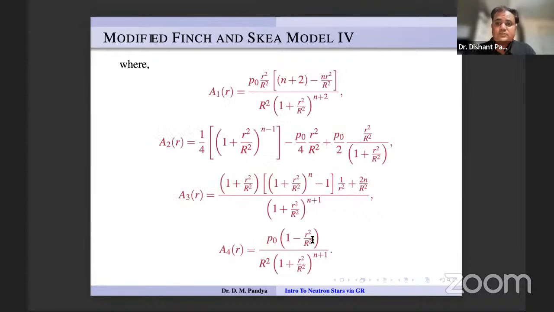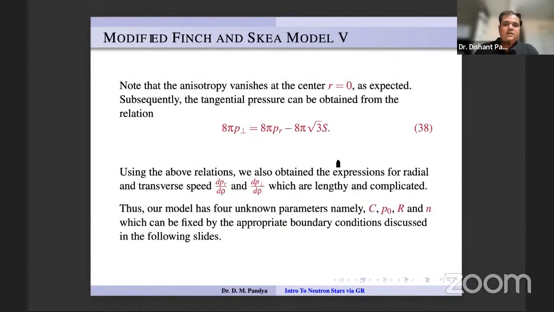Let me just again remind you that once you substitute n equal to 1, it should match with the expressions by Sharma and Ratanpal in 2013. And that was matching. Now we know that this relationship 8 pi p per is equal to 8 pi pr minus 8 pi root 3a.